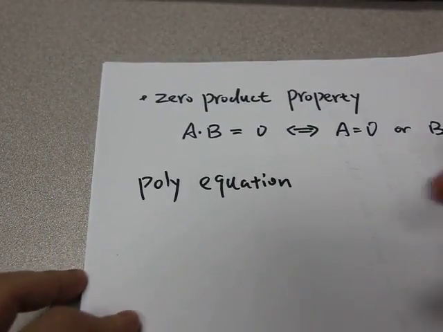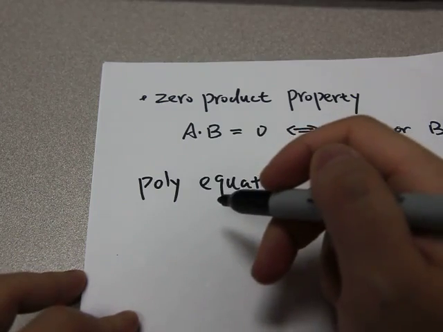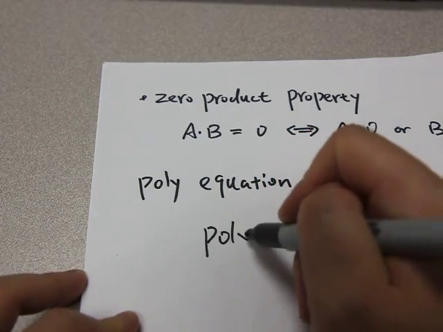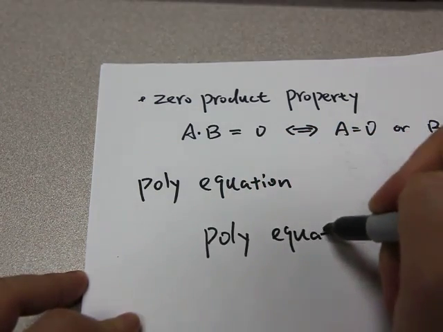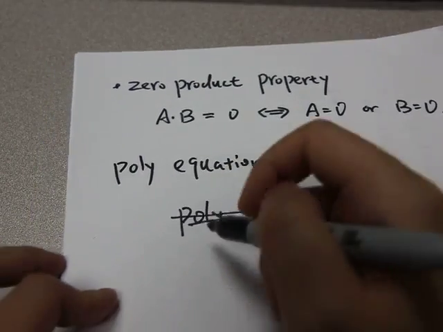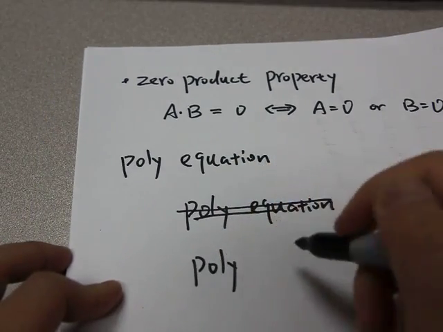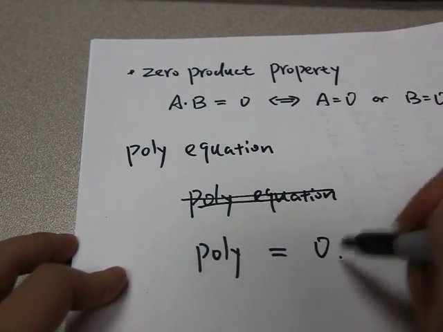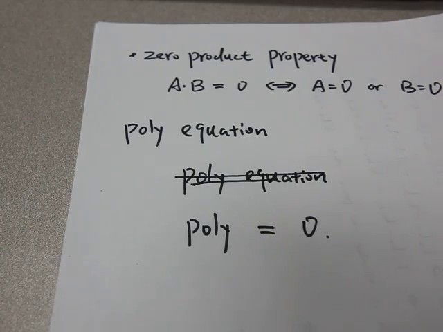A polynomial equation is an equation that looks like this: one side of the equation is a polynomial, and the other side is zero. A quadratic equation is one kind of polynomial equation.